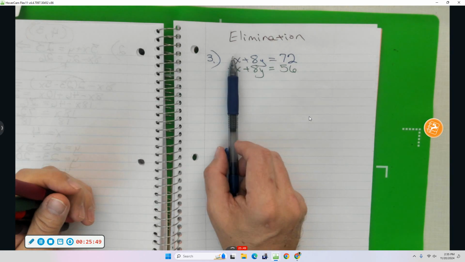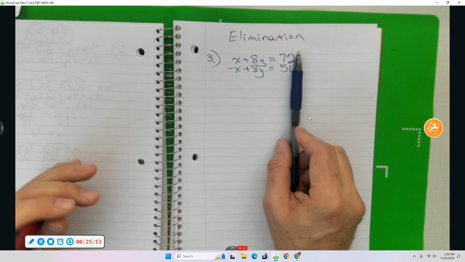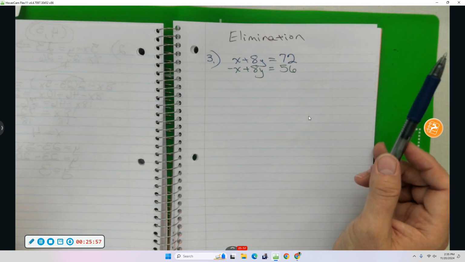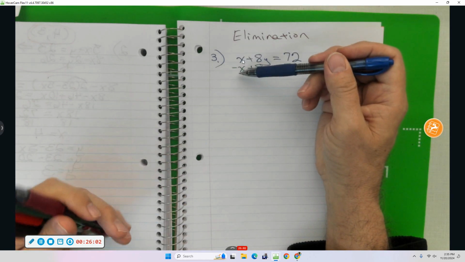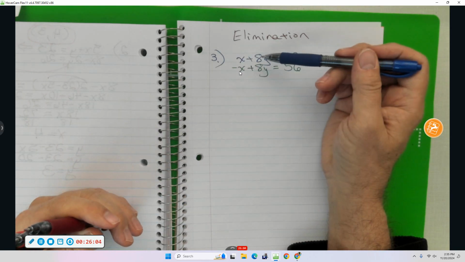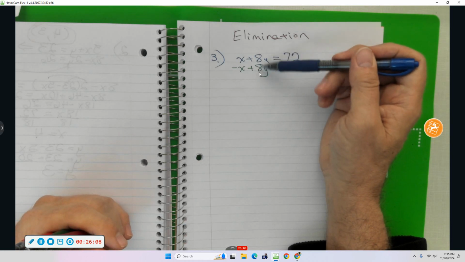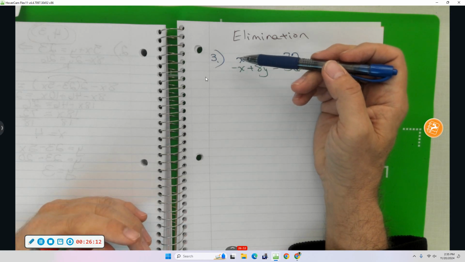You have to have the x's lined up, the y's lined up, and then on the other side the constant terms. What you need for elimination, you need the same coefficient on one pair of variables but with opposite signs. Here we have an 8 and an 8. Note they don't have opposite signs on the y, but look at the x's. I think this one is tailor-made for elimination.